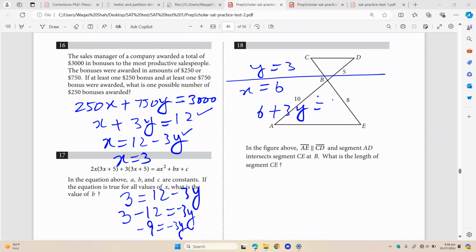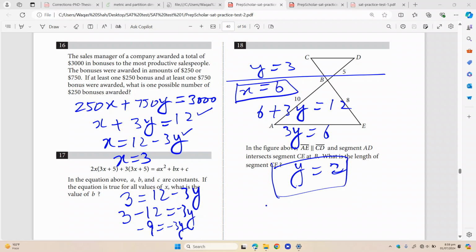You can plug in this or this, it's fine. So 3y, and if we shift 6 on the other side, it will be 12 minus 6 is 6, and y will be equal to 2. So it means that if there are 6 bonuses of 250, then there will be 2 bonuses of 750. Okay, so that is the second scenario.